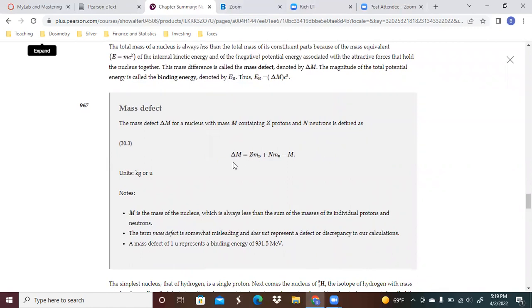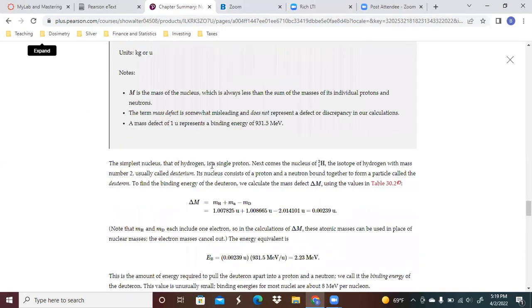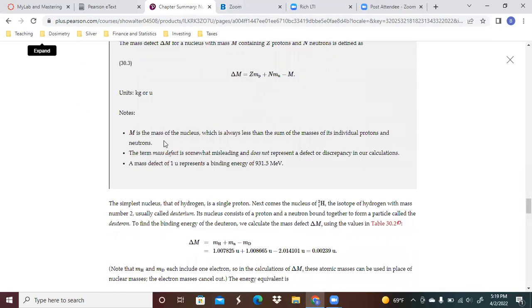The mass defect for a nucleus with mass M containing Z protons and N neutrons is given by this. M is the mass of the nucleus, which is always less than the sum of the masses of the individual protons and neutrons.